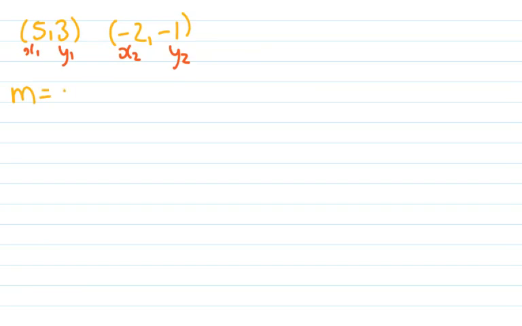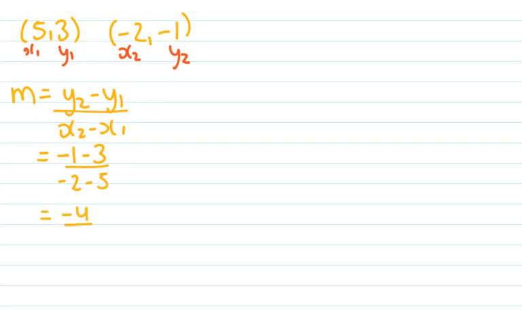So m equals y2 minus y1 over x2 minus x1 equals -1 minus 3 over -2 minus 5. -1 minus 3 is -4, -2 minus 5 is -7. -4 over -7 is the same as +4 over +7 because those negatives cancel out. So far, I have y equals 4 over 7x plus b because I've calculated m.